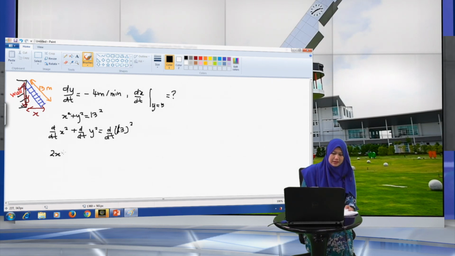This is 2x dx/dt plus 2y dy/dt equal to 0. And we solve this algebraically, so dx/dt equals minus y over x times dy/dt.